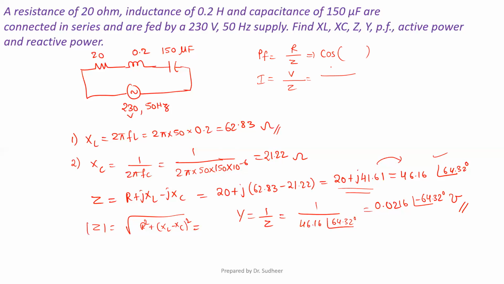So V, I can take as a reference value, 230 at an angle of 0, and then the Z value is 46.16 at an angle of 64.32 degrees. Keep your calculator in complex mode. You will get the answer directly: 230 divided by 46.16, that is 4.98 at an angle of minus 64.32 degrees.